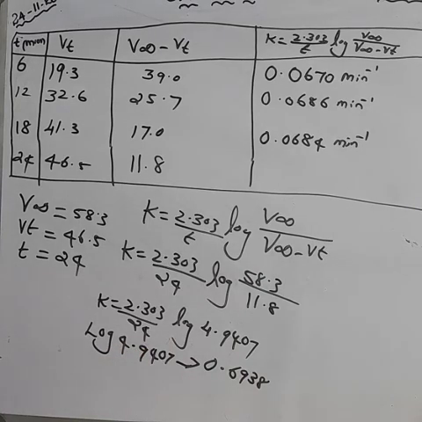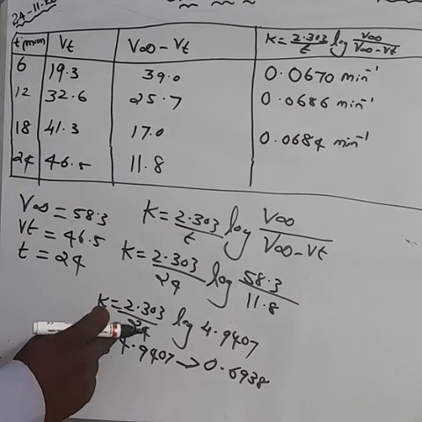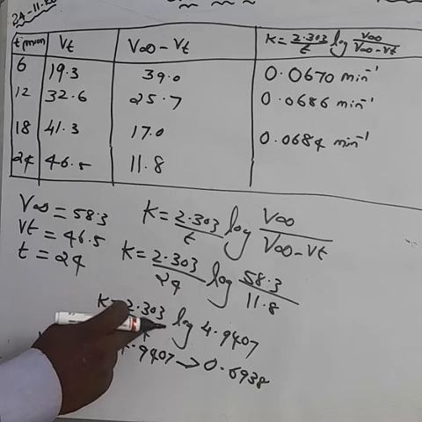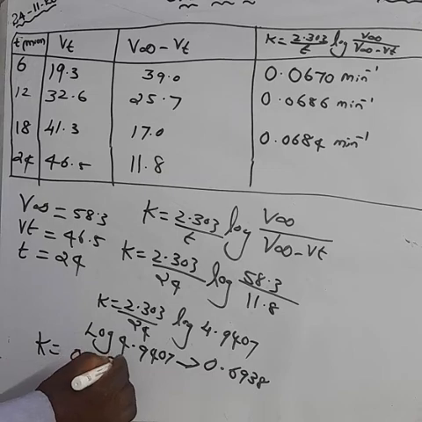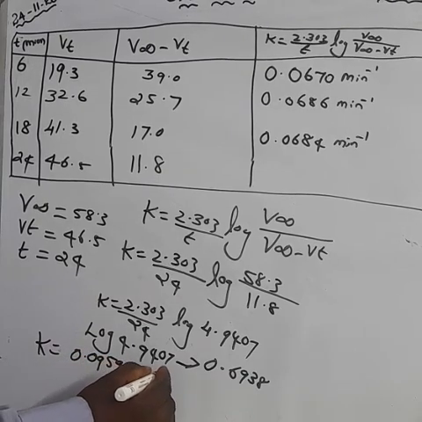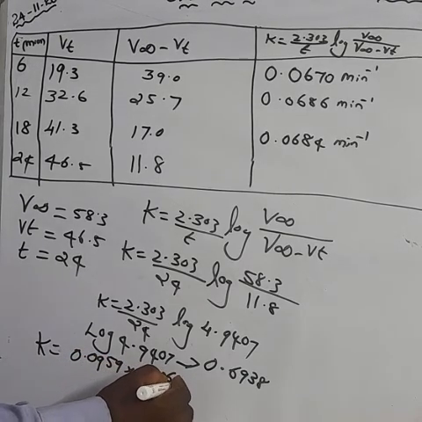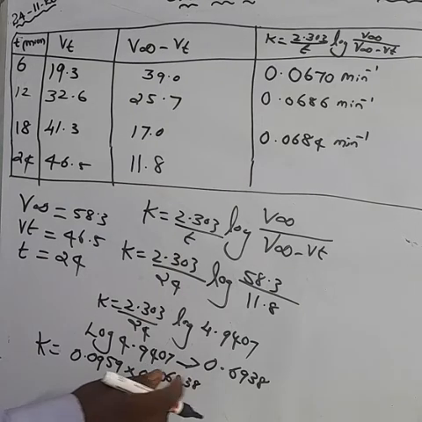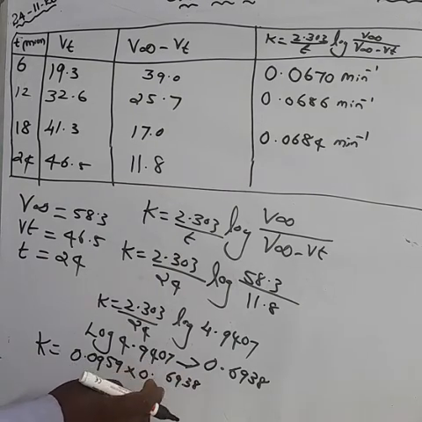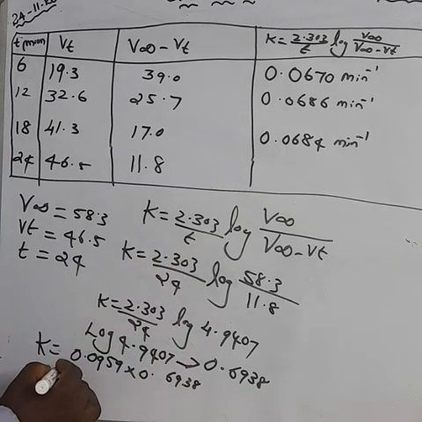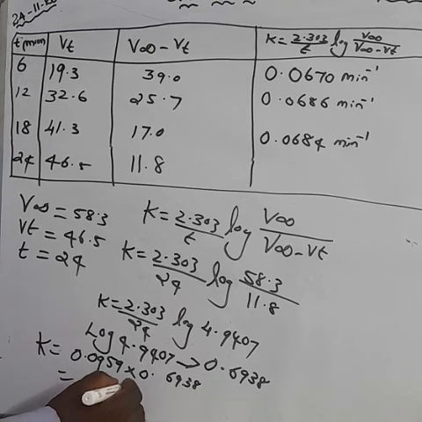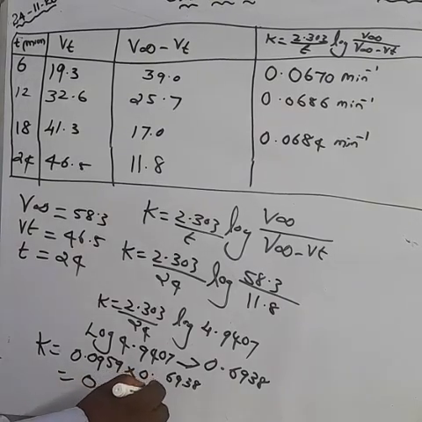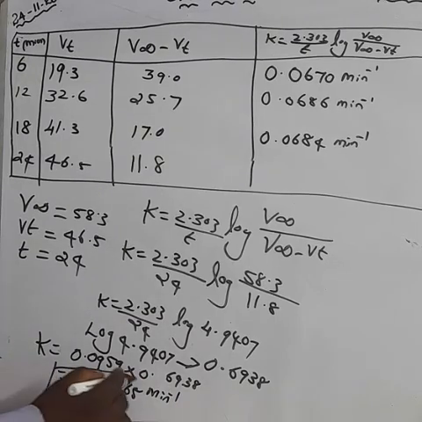So we multiply: 2.303 divided by 24 is 0.0959, multiplied by 0.6938. So we get approximately 0.0665 minutes inverse. This is the k value.